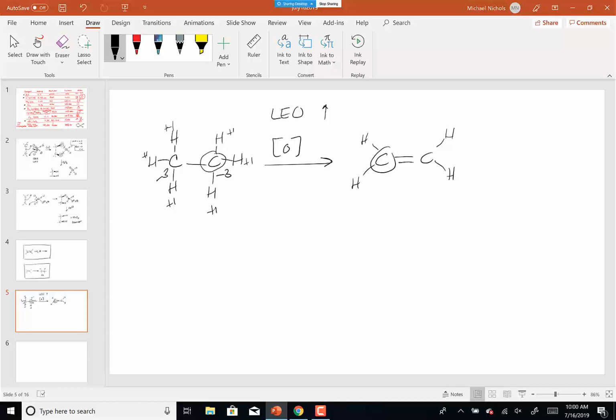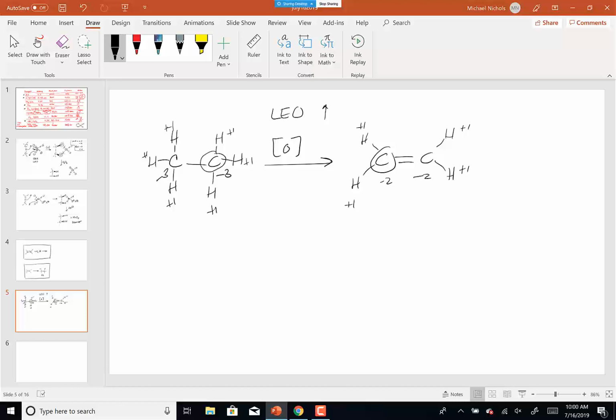How about in the double bond case? +2 for the carbons and... No, not +2 for the carbons. What for the carbons? -2 for the carbons and +1s for the hydrogen.